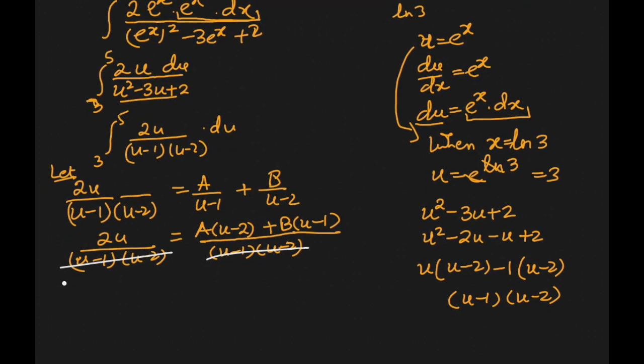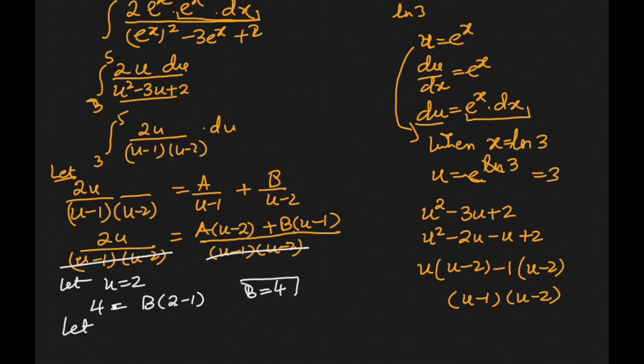For numerators, to make this 0, I'll assume u equal to 2. So 2 times 2, 4 is equal to, 2 minus 2 will be 0, so this is gone. B is the only one left, times 2 minus 1, which is 1. So B comes out to be 4. What about the other one?